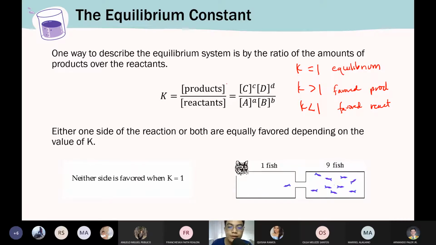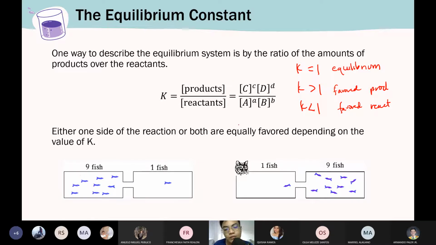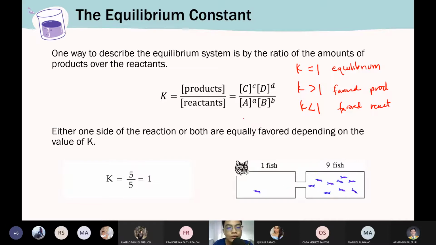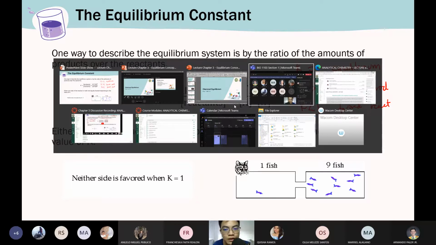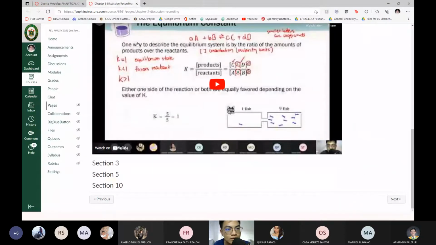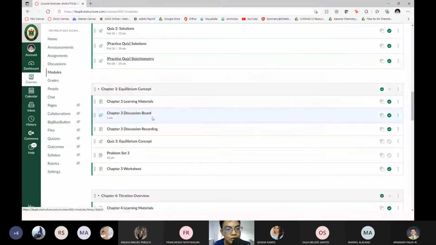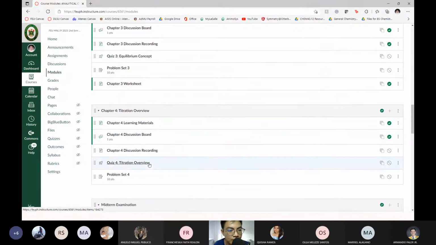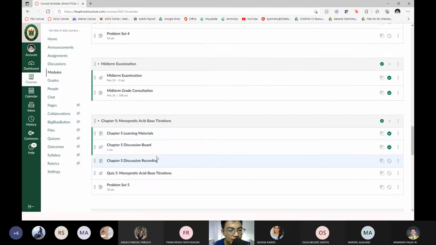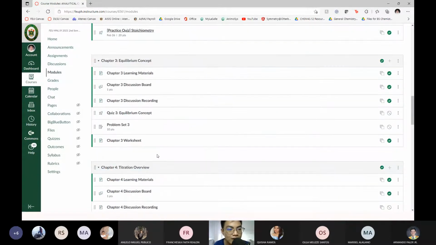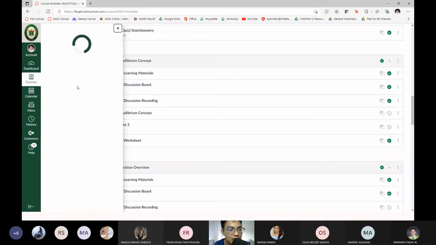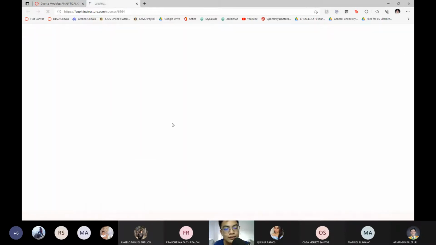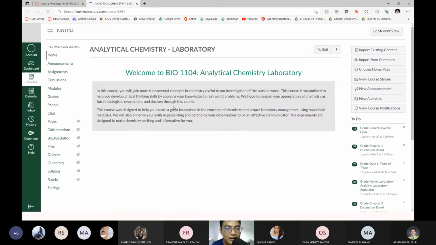And for each equilibrium system, there is an equilibrium constant, so you don't really have to worry about it. We actually posted the equilibrium constants in our Canvas module. Where is the equilibrium constant? It's in the lab, I think. Anyway, I'll just copy it here.